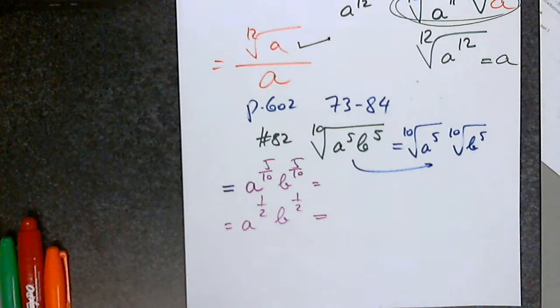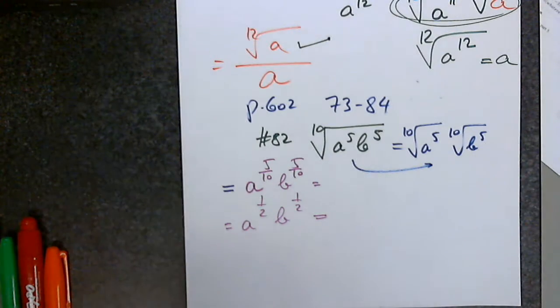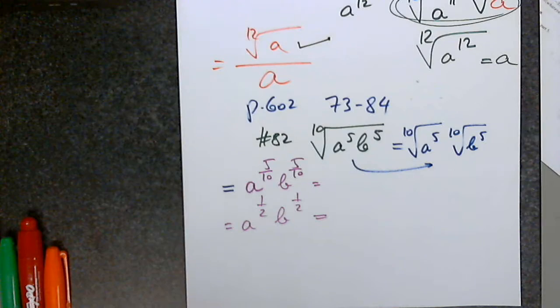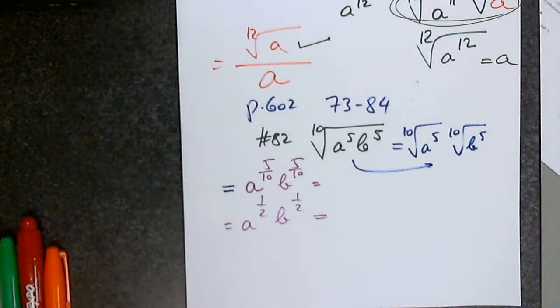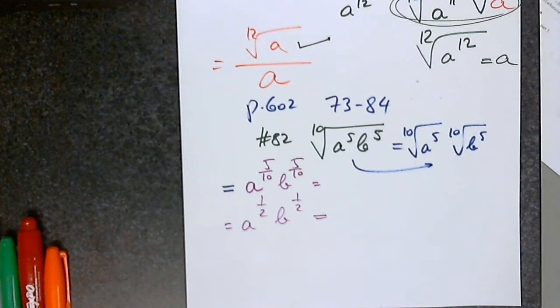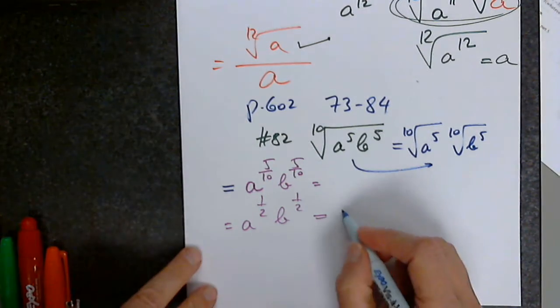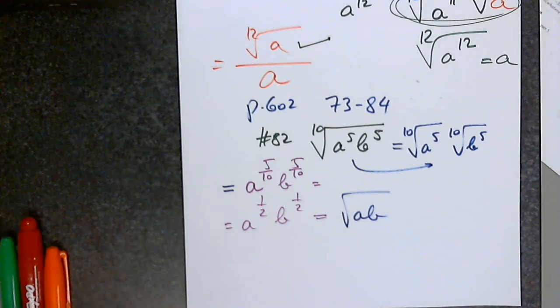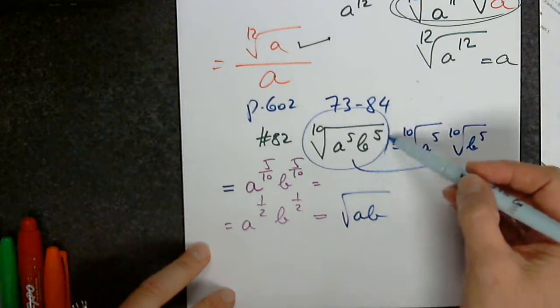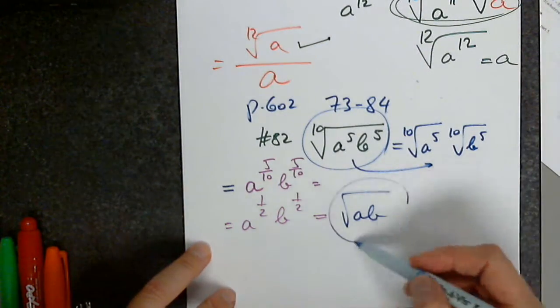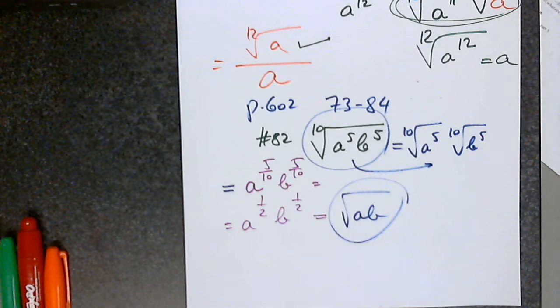And now I can go back. So I have two factors raised to the same power. I only needed the denominator to be the same, and the denominators are the same. So how do I change this expression into a radical then? The square root of, exactly. So from the 10th root of blah, blah, blah, to change it into the square root of AB, it really simplified it.